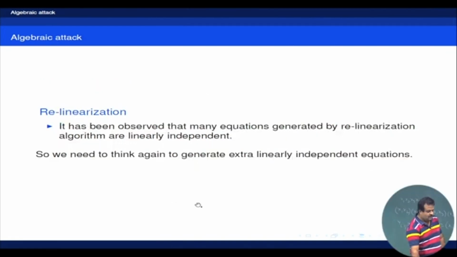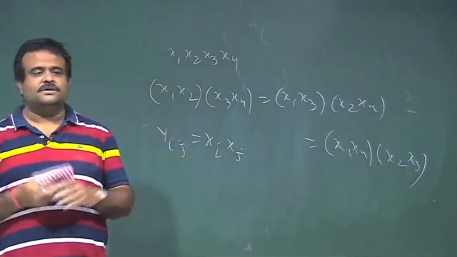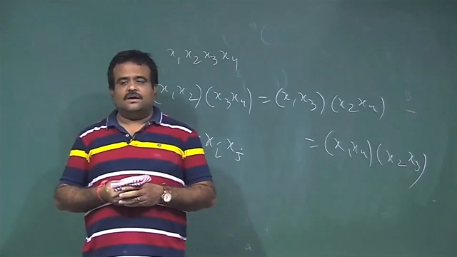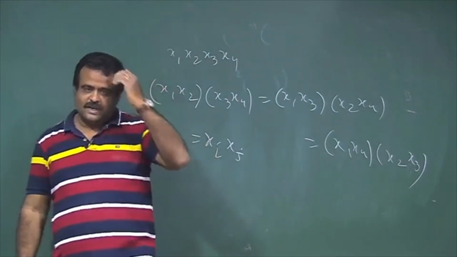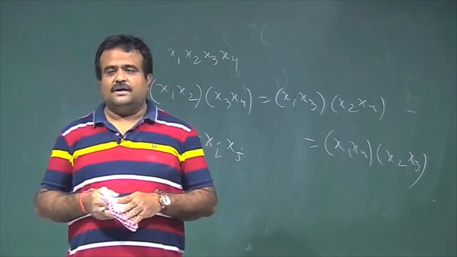It has been observed that many equations generated by the relinearization algorithm are linearly independent. Once we have the linearly independent equations, if our system is consistent, we can get a solution of this system and the corresponding secret key.